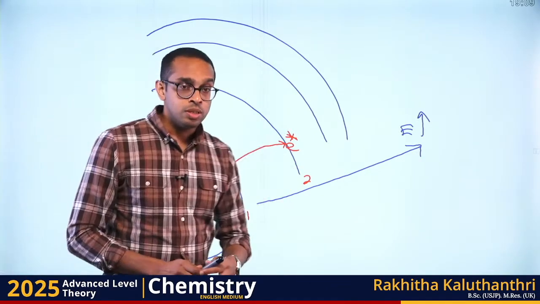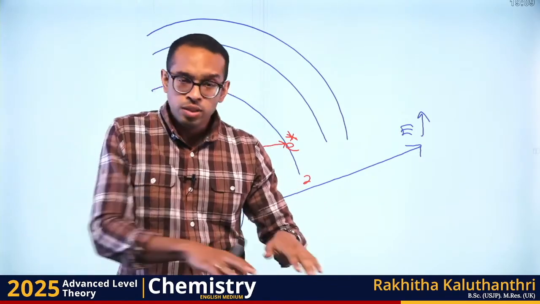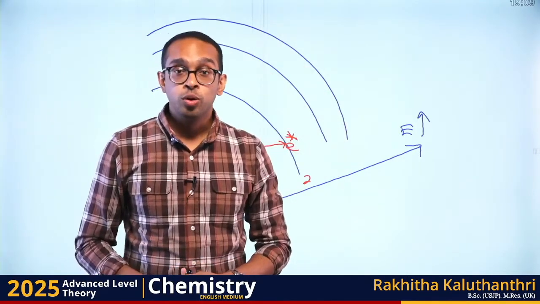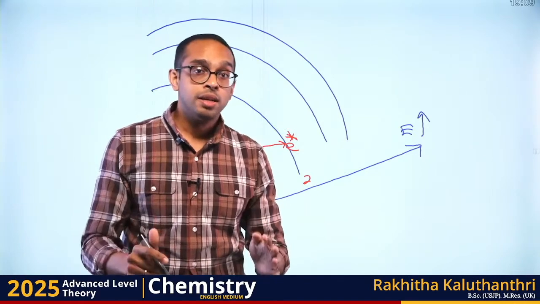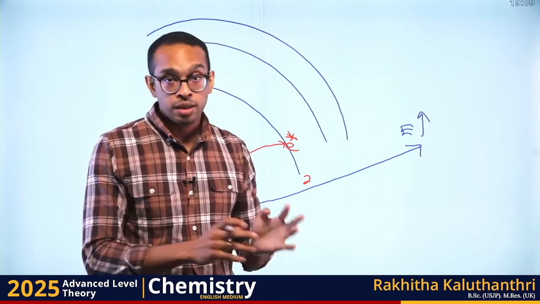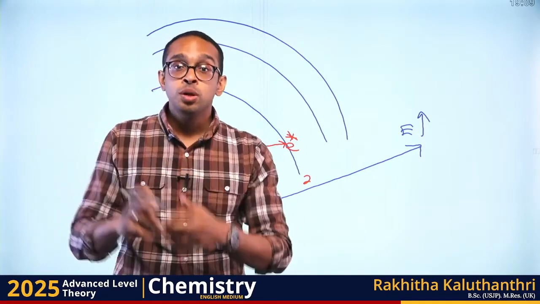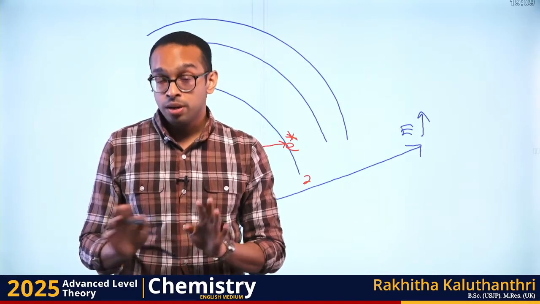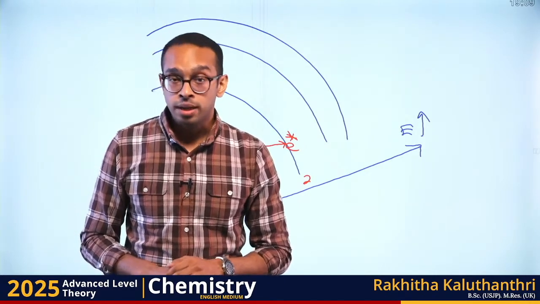And now this electron is at a higher energy state. Earlier it was at the ground state. Now it is at a higher energy state. So we call this an excited state. The excited state definition is when an electron has absorbed energy and has moved into a higher energy state than its ground state, it is temporarily known to be in an excited state.